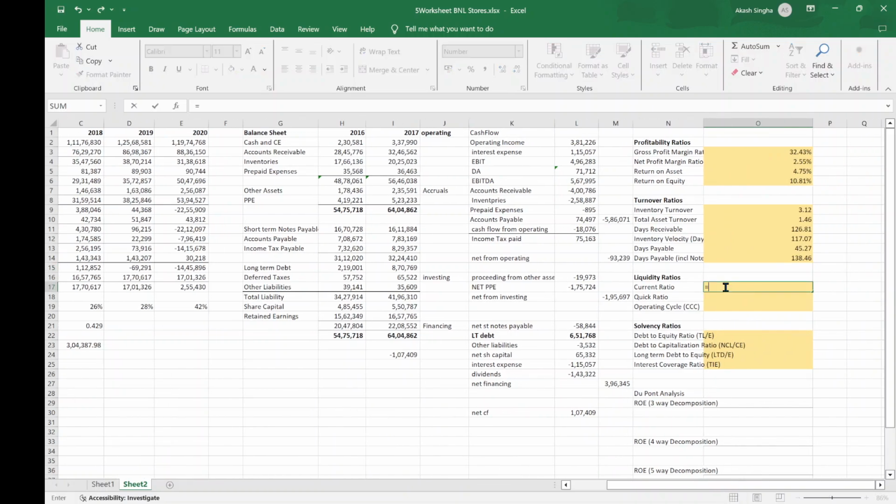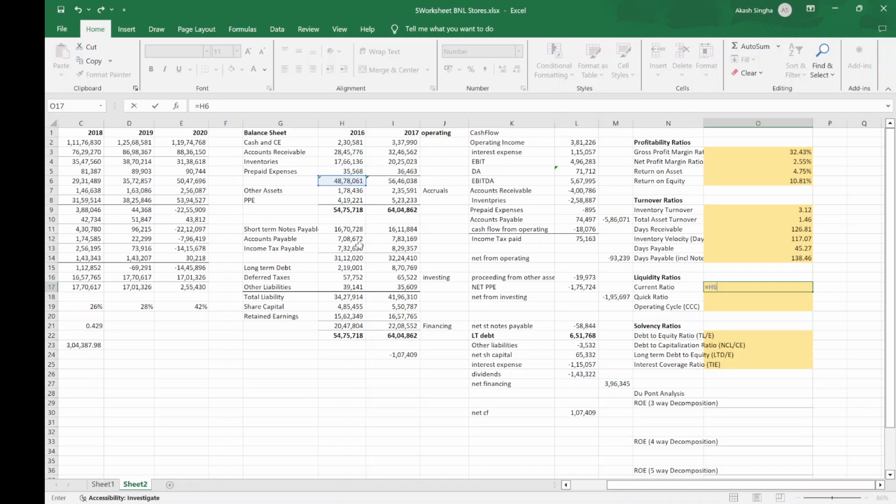Current ratio should be current asset divided by current liabilities.